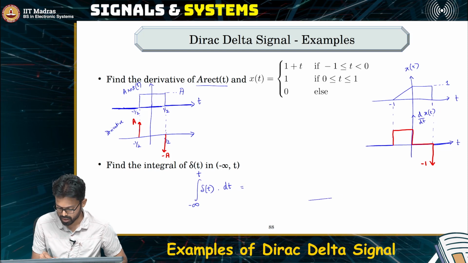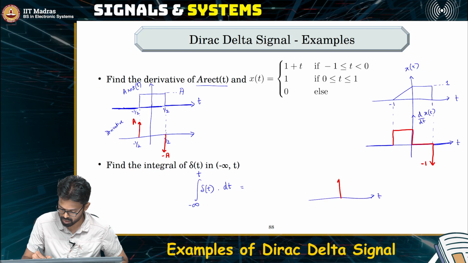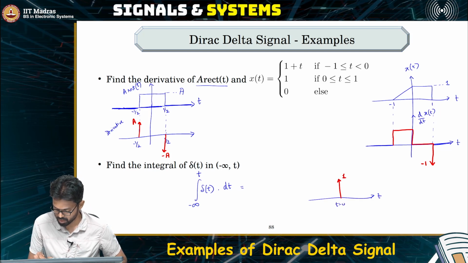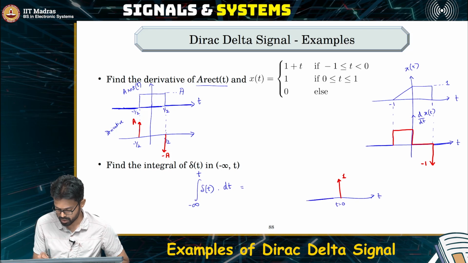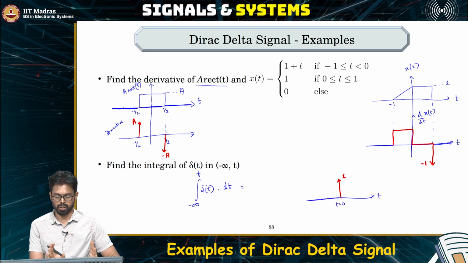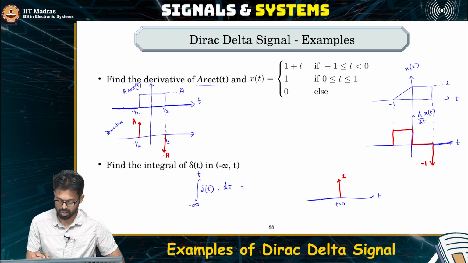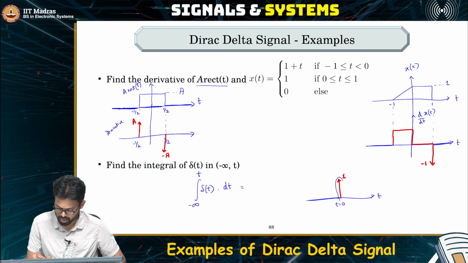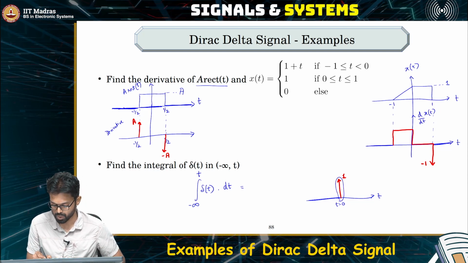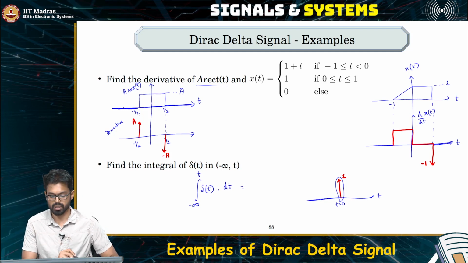It means that till t equal to 0, you have area 0, there is nothing. At t equal to 0, you are now computing the area of the Dirac delta function. So from t equal to 0, the area starts increasing. Till that point, the area is 0.